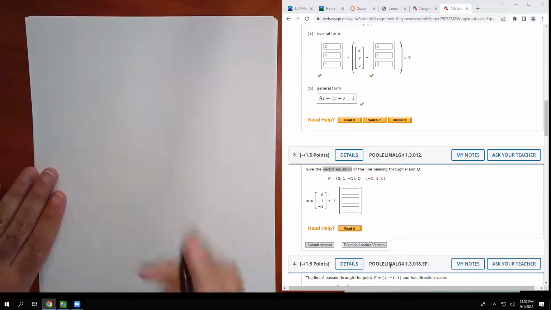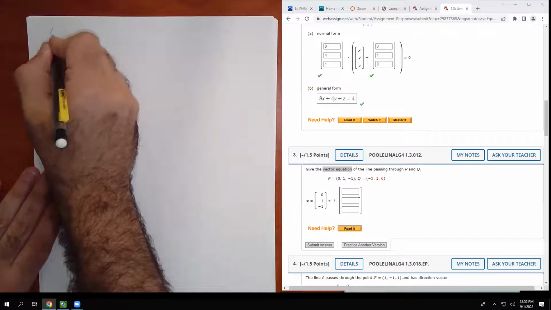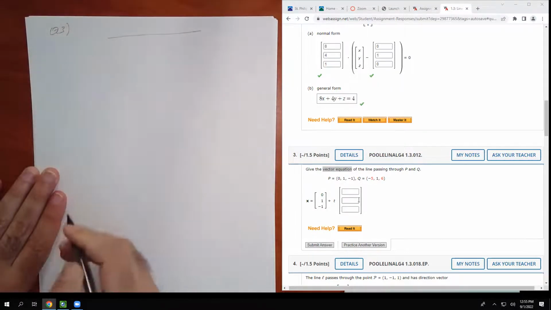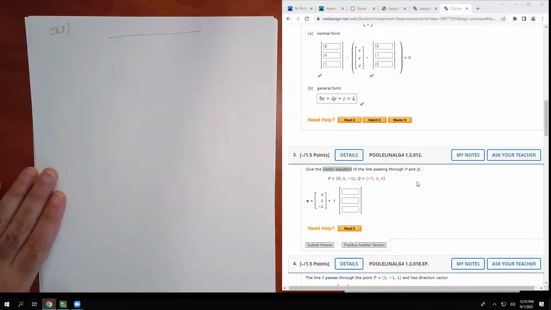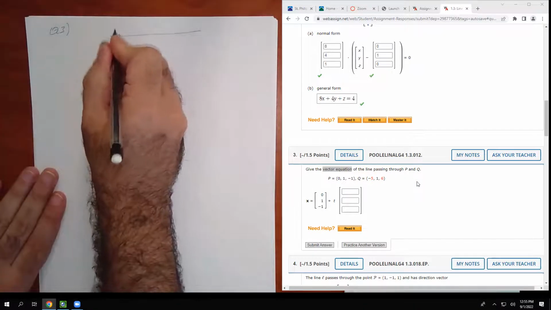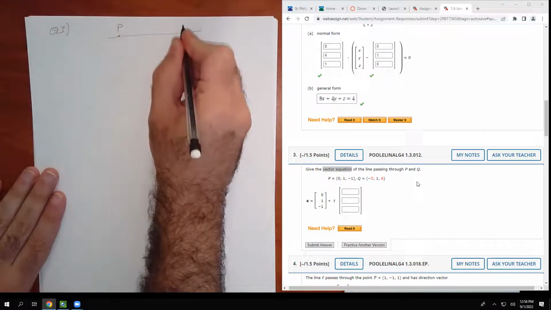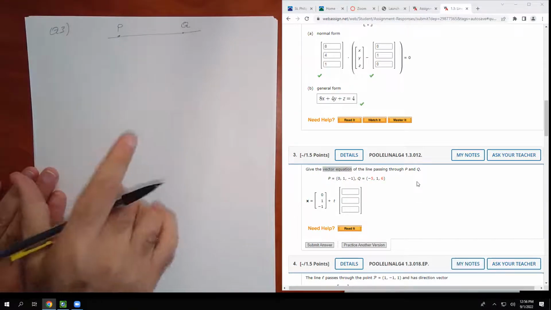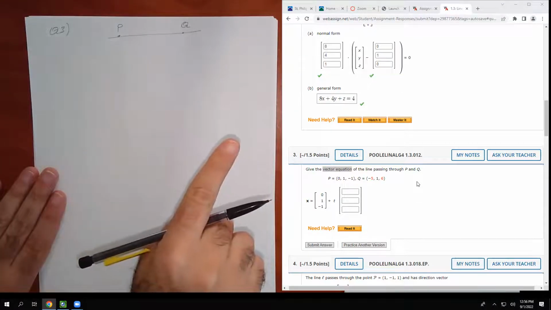Here's the line. This is question 3. They give you the line passing through these 2 points, point P and point Q. The direction vector is always a vector parallel to this line.